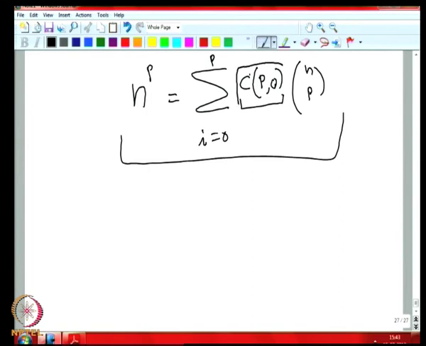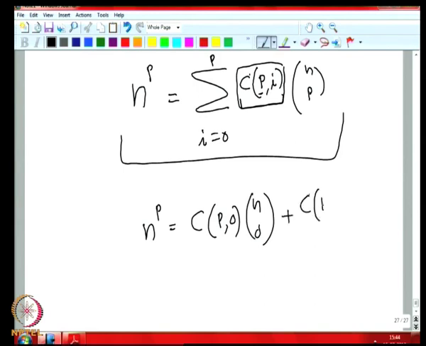The coefficients have been renamed just to note that we are actually representing n raised to p, that is why C of p is coming, and i will go from 0 to p. So, it will look like n raised to p equals C p 0 into n choose 0, plus C p 1 into n choose 1, and so on till C p p into n choose p.